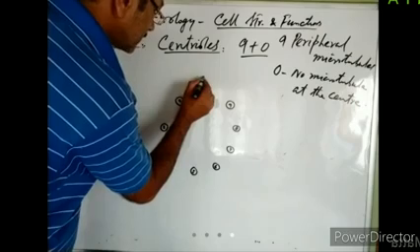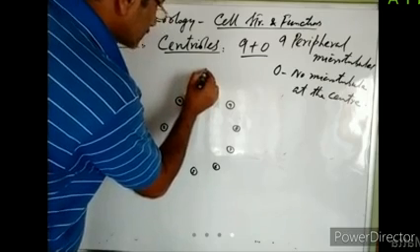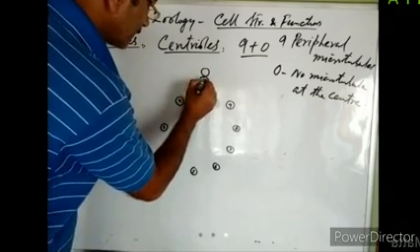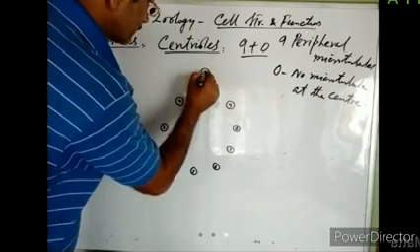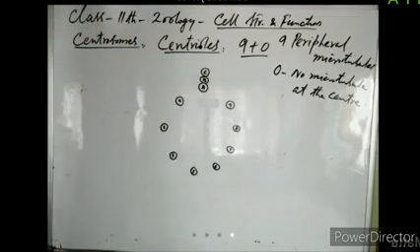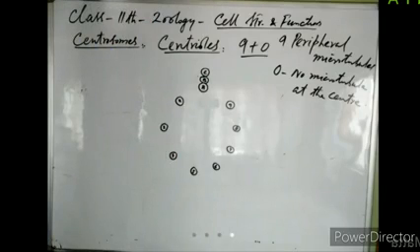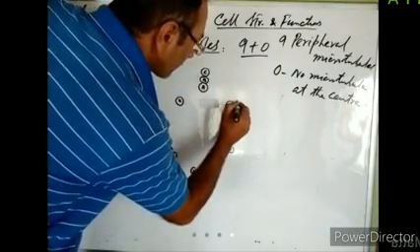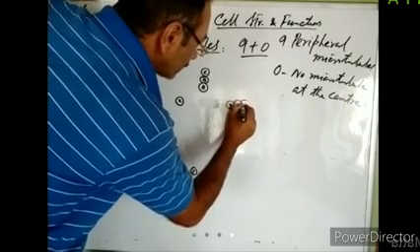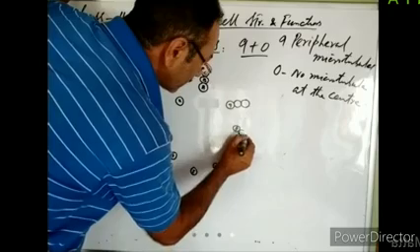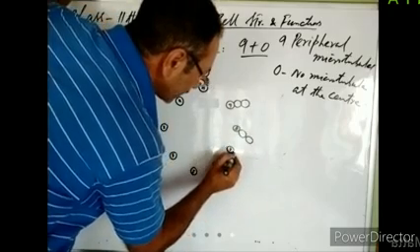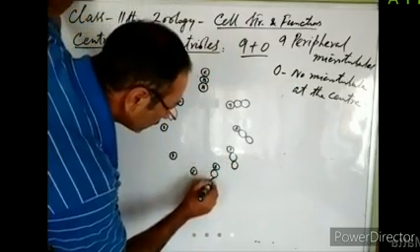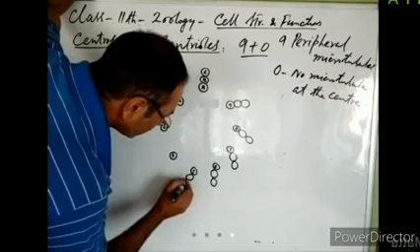Each peripheral microtubule is a triplet. It is formed of 3 subtubules: subtubule A, subtubule B, and subtubule C. Similarly here, 1, 2, and 3.